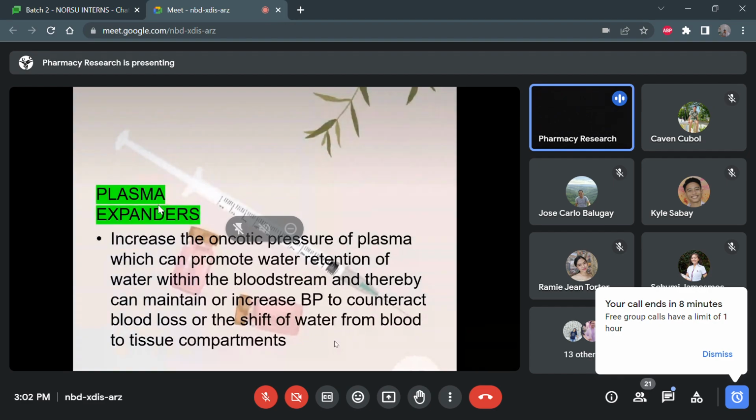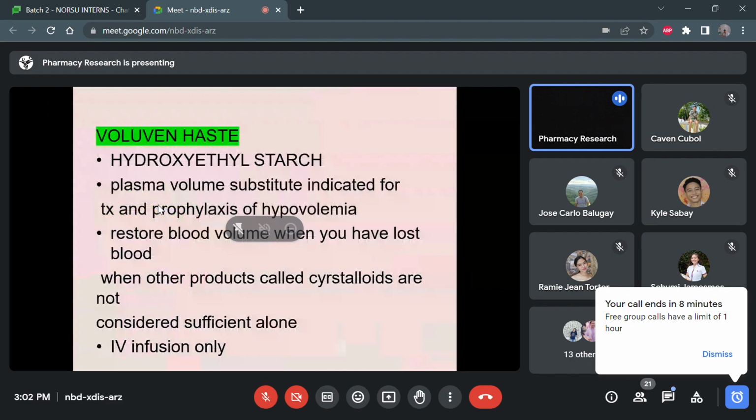It is used in hypovolemic shock. Voluven Haes is a hydroxyethyl starch plasma volume substitute, and can be used as prophylaxis for hypovolemia. It restores blood volume when you have lost blood, when other products called crystalloids are not considered sufficient alone.